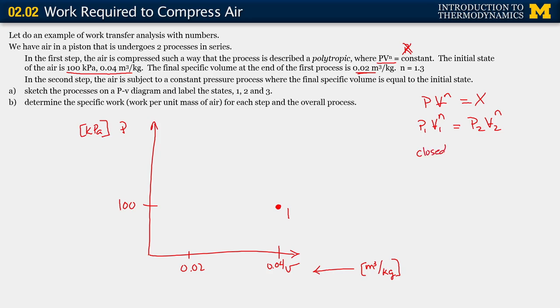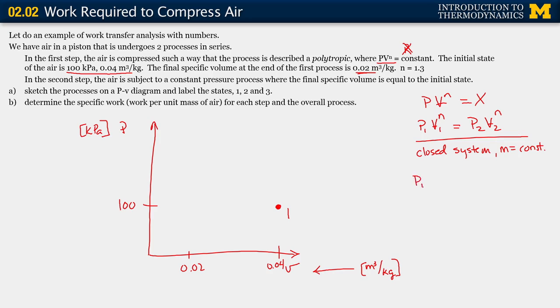It's not a very bold assumption here because we have essentially no other information. So we're going to assume that this is a closed system. Why is that important? It's important because it tells us that the mass in this system is a constant, which tells me that this expression, which is in terms of the absolute volume, is equally valid for the specific volume.